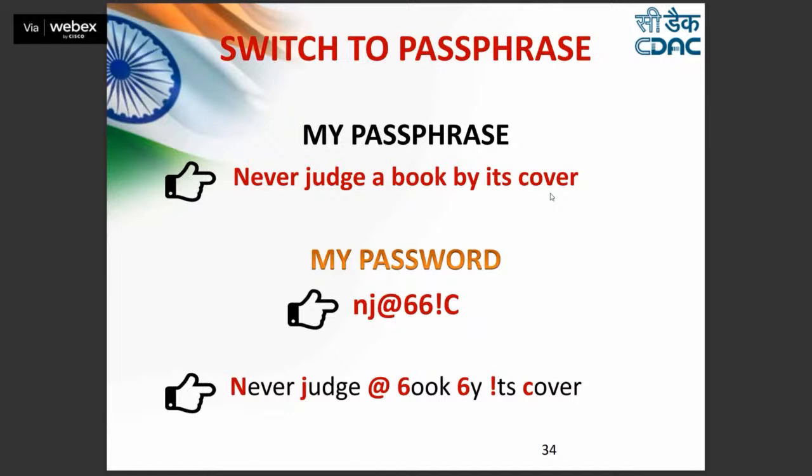Instead of b I have used 6, because it also looks similar. And from by, again b, I have taken 6, and from its, that is from i, I have taken the exclamation mark, which is the opposite of i. It is also easy to remember. And from cover I have taken capital C. Now my strong password with alphabets and special characters is ready.